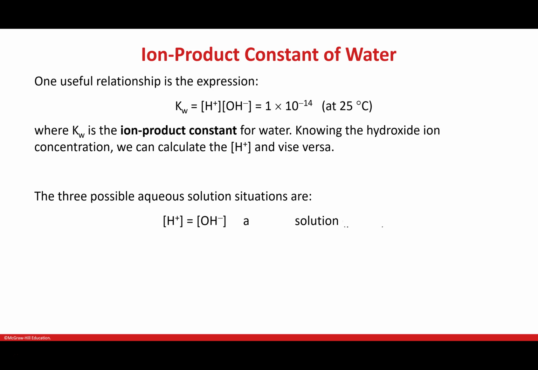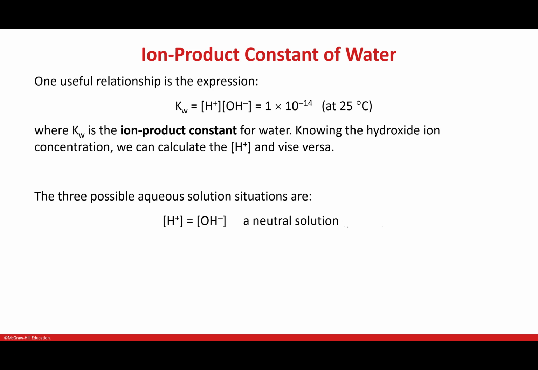Before I go there, I want to talk about the 3 possibilities: neutral, acidic, and basic. Remember when I drew this, if this is my pH scale, it goes from about 0 or 1 to 14, and in the middle is pH of 7.